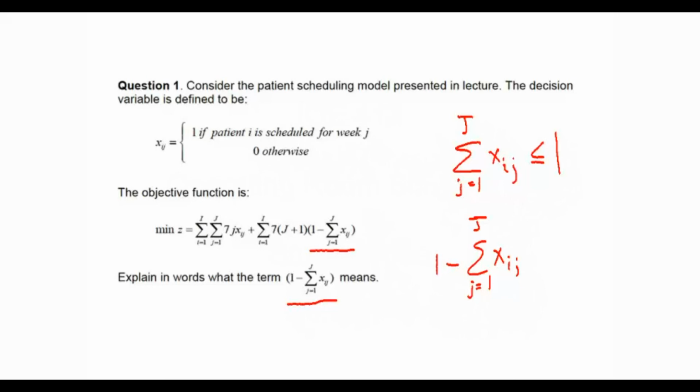It's 1 if the patient doesn't get scheduled in the horizon, and 0 if it does. That's useful because in the objective function, it allows you to penalize the situations where a patient doesn't actually get scheduled in the j-week planning horizon.